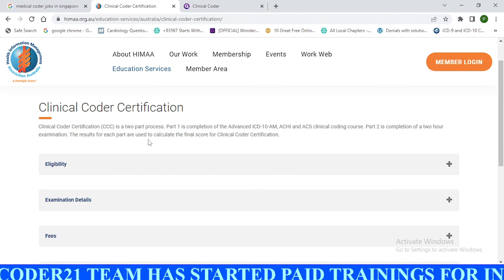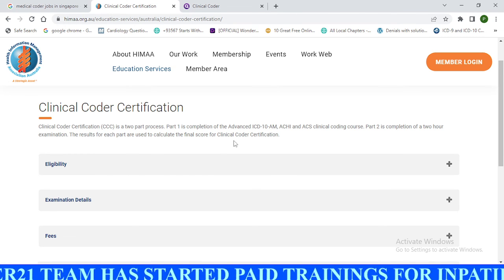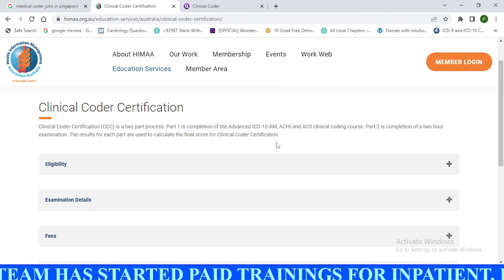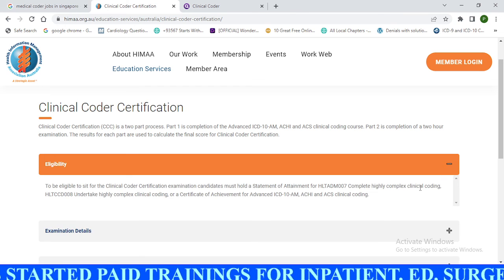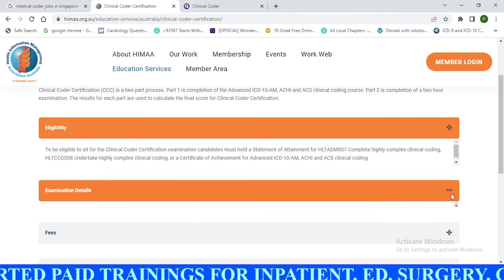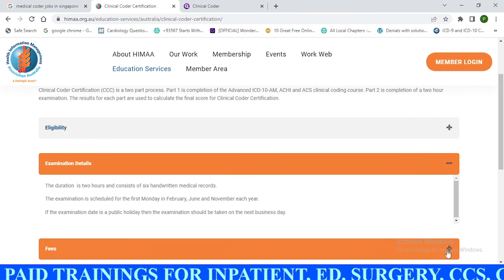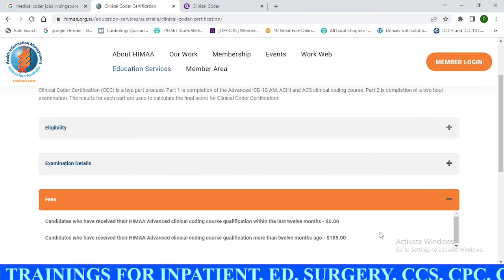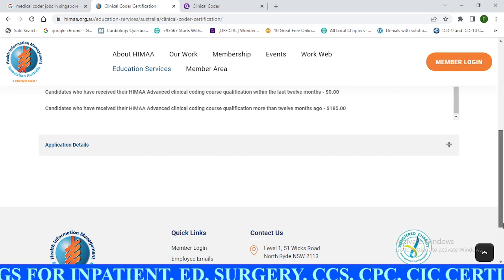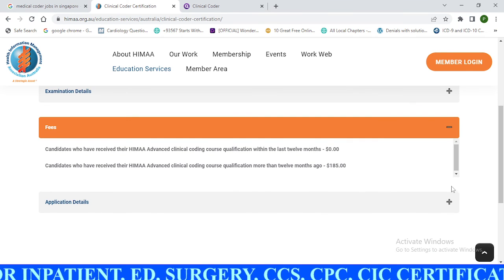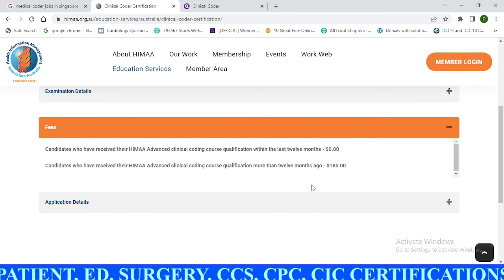The results for each part are used to calculate the final score for the clinical coder examination. So basically you have two parts here. You can see the eligibility and examination details and fees on this website, and find more information regarding Australian medical coding certification.